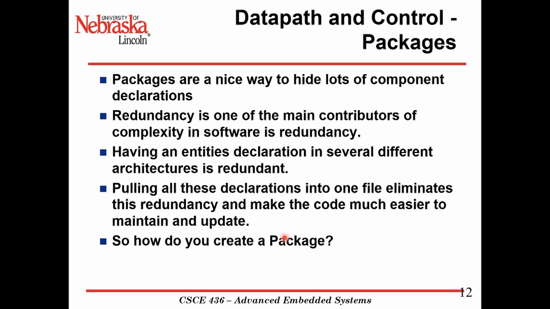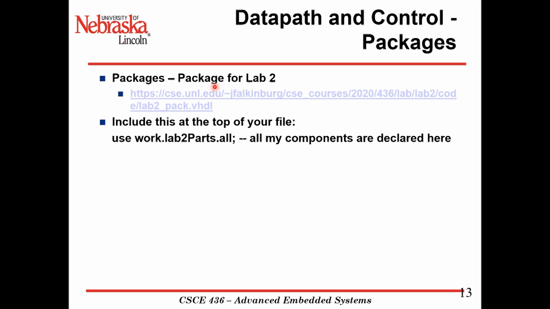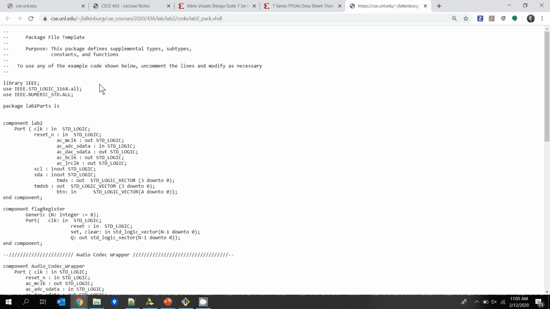How do we create a package? So this is an example. If you click on this link for Lab 2 parts package, all it has in there is you're including the libraries, and then you create that package Lab 2 parts, and then we have all our component declarations.